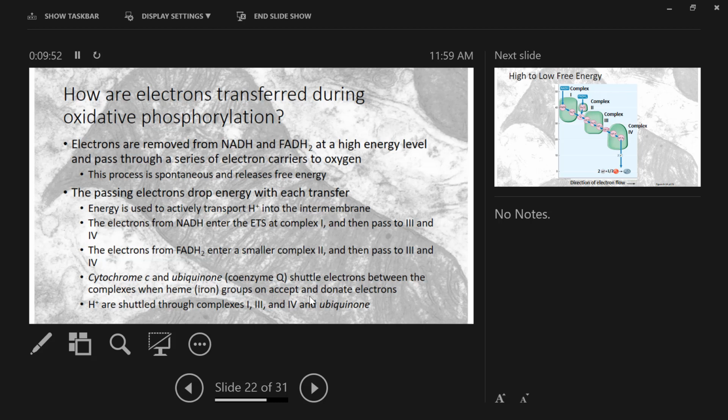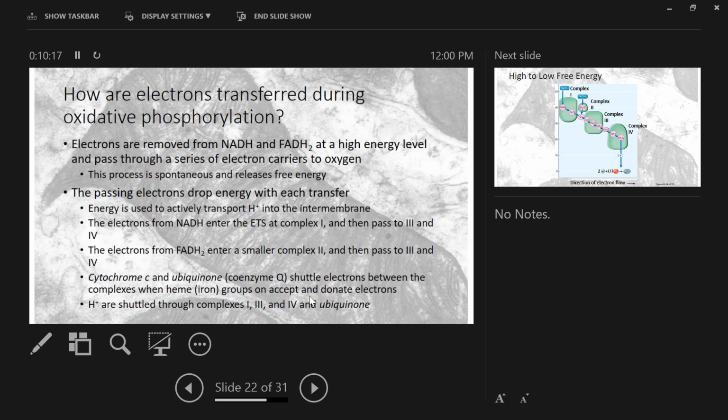So if FADH2 gives its electrons to complex 2 instead of complex 1, true or false? FADH2 provides less opportunity to pump hydrogen ions against their concentration gradient. True. Less opportunity, right? And what you're going to find is less hydrogen ions means less ATP generated.